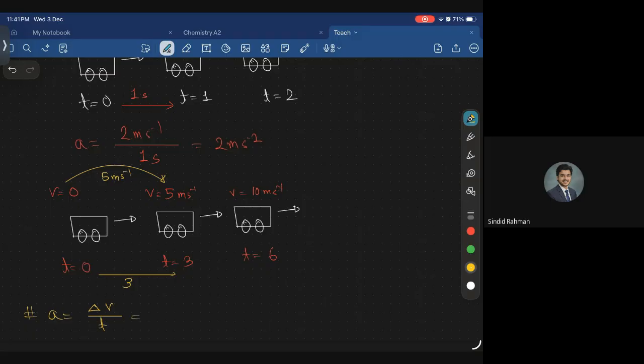And we know the change in speed is 5 meters per second and the time is 3 seconds, right? So what will this give me? What's the acceleration? Can you do the calculation for me? 5 over 3, which will be 1.67, 6 recurring. So this is my acceleration for this car, right?